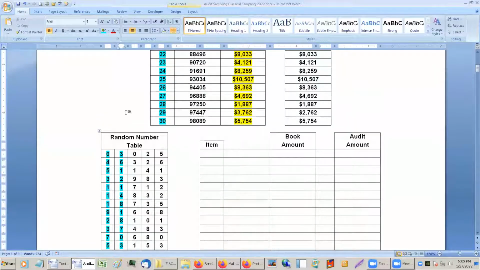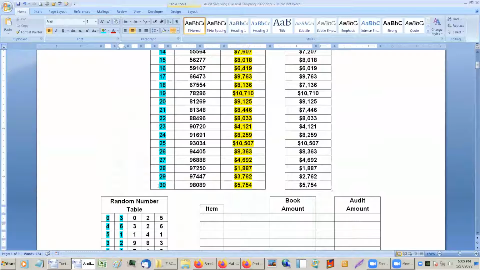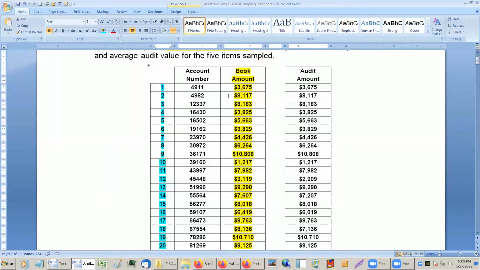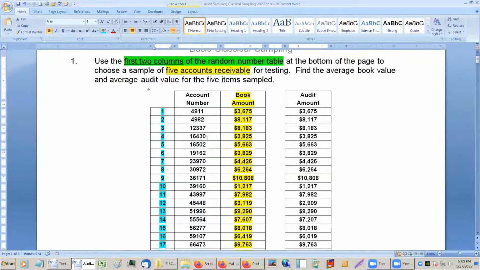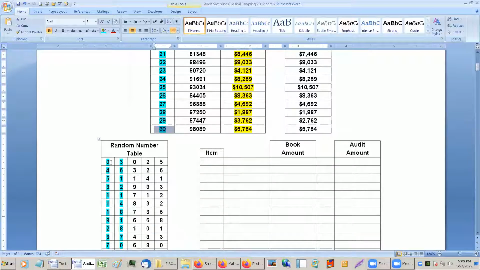Okay, we come to a random number table. And so this is what we're going to use. Notice that our sample has numbers 1 through 30. So we have numbers 1 through 30, and we're going to go through and pick a sample of 5 items using these first 2 digits of this table.